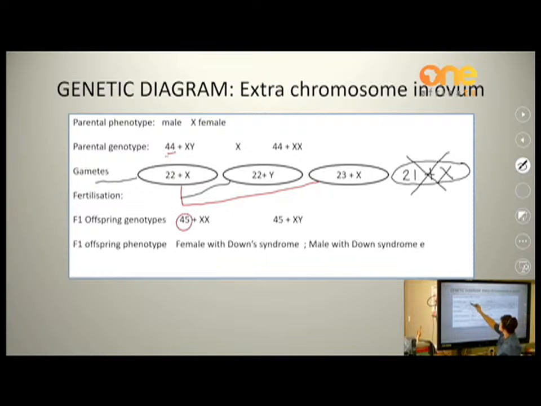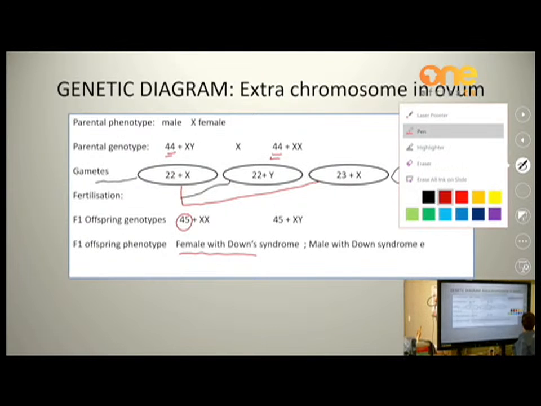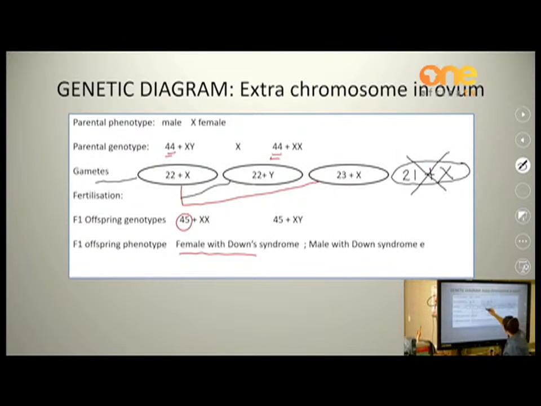Can you see? That is an extra chromosome. So this will be a female, and this one will be a male if this sperm fertilizes with that extra chromosome.